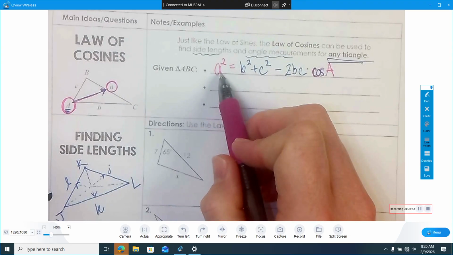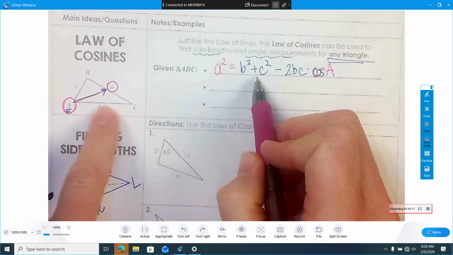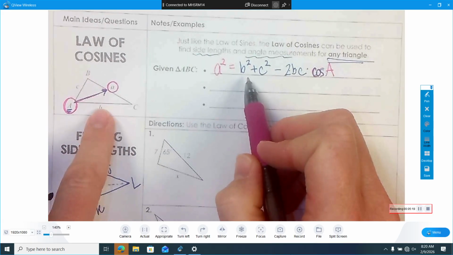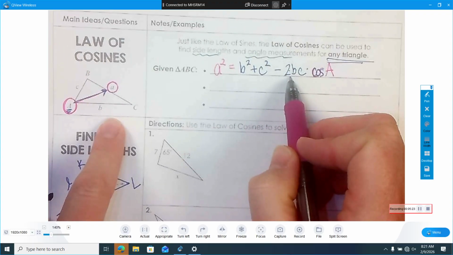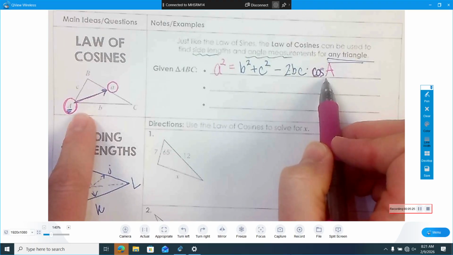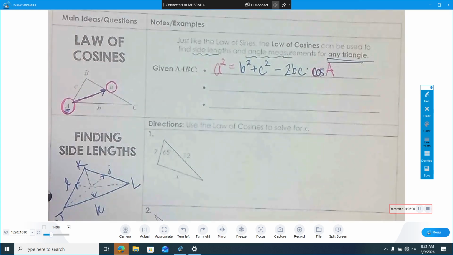Our opposite side squared equals the sum of the squares of the two other sides minus twice the product of those two sides times the cosine of the included angle. All right, the cosine of the angle in between. All right, and that's it. It's a big long thing, but once you write it down, it's just calculator work.